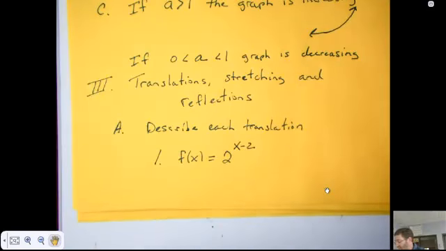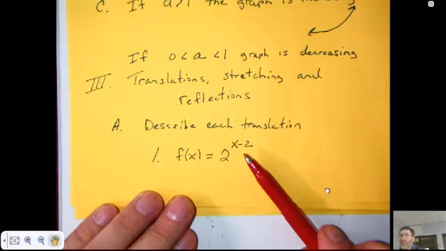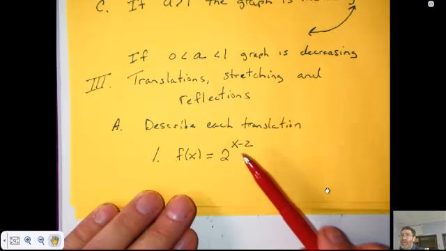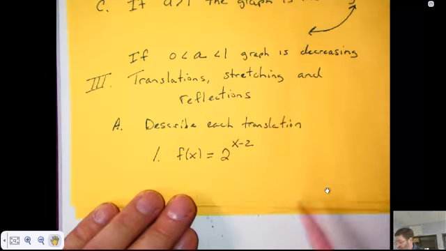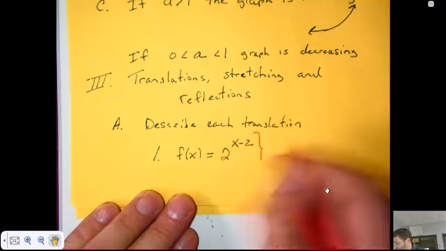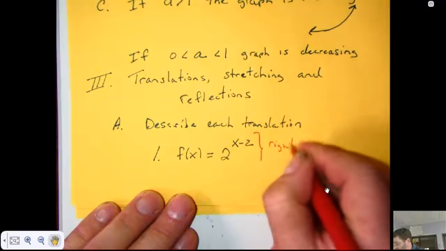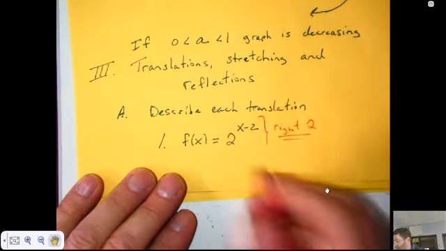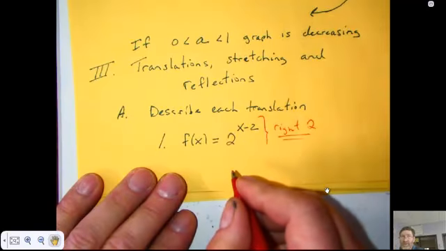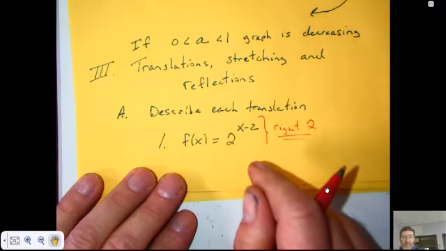So you just ask yourself, if I subtract from the x, what's my translation? Which way will it move? Subtracting from the x moves it right. So it moves the whole graph right 2. Remember, if we subtract from the x, it's right; add to the x, it's left. And the x is what's critical on this.